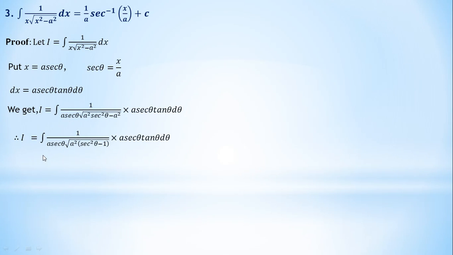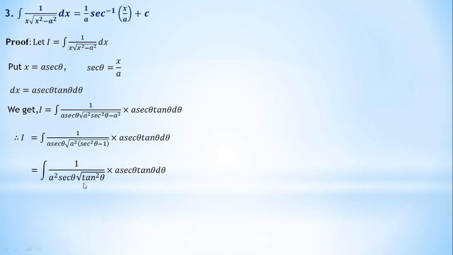Now if you solve this further to get the simplification, then what we get, see here, a sec theta as it is. Now this a square, it is under root, it becomes a, and that a and this one a into a, that's why here it is written a square sec theta as it is, and under root there will be sec square theta minus 1, so that's why it becomes tan square theta, and this one as it is.